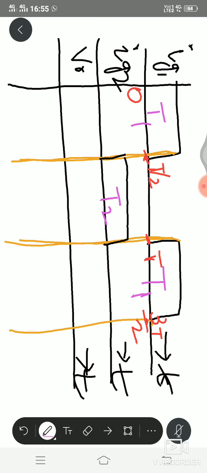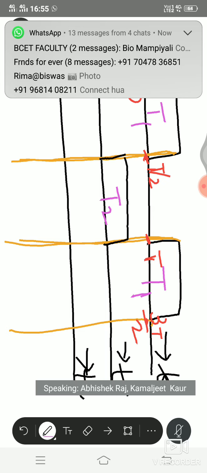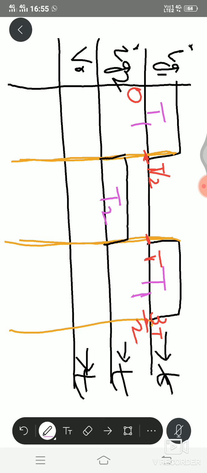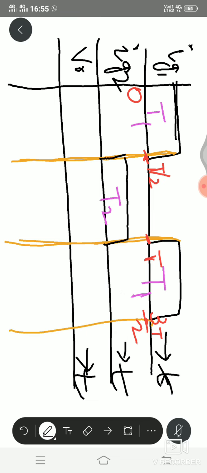Tell me, is the diagram done up to this? Hello. Okay. So I hope you have understood this part, that we are giving the gate pulses to T1 first, case 1.